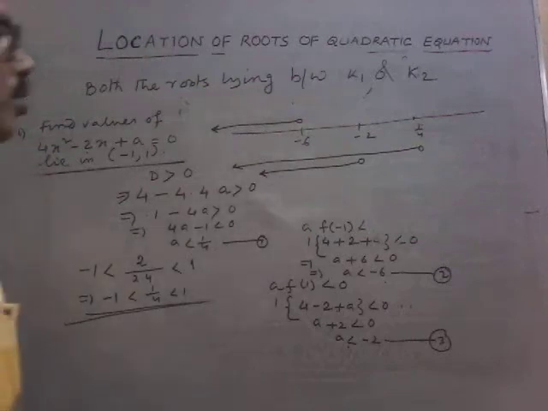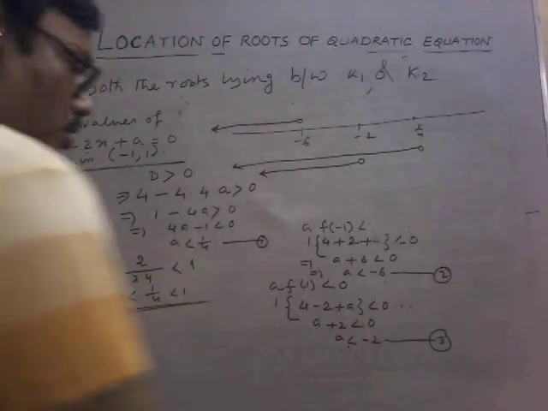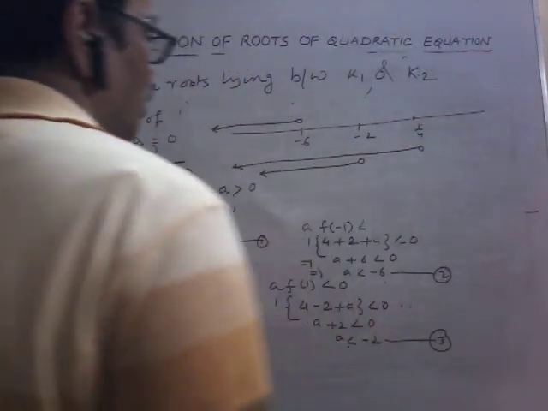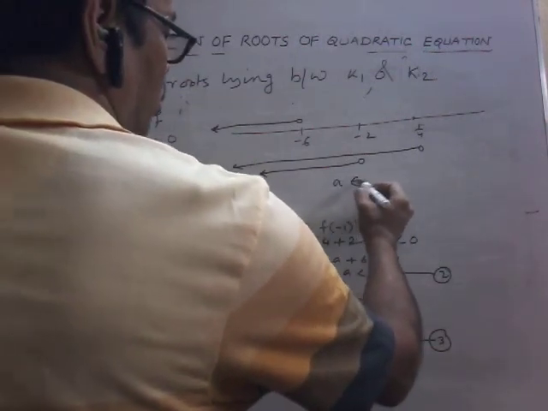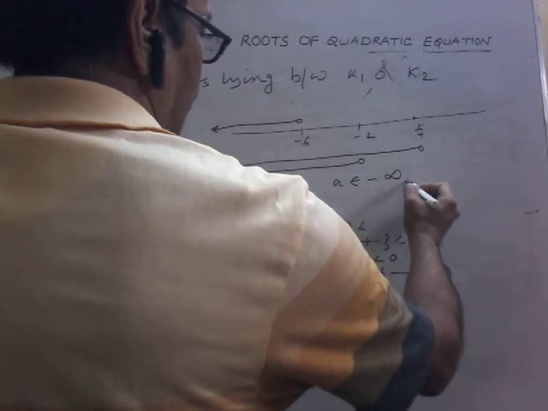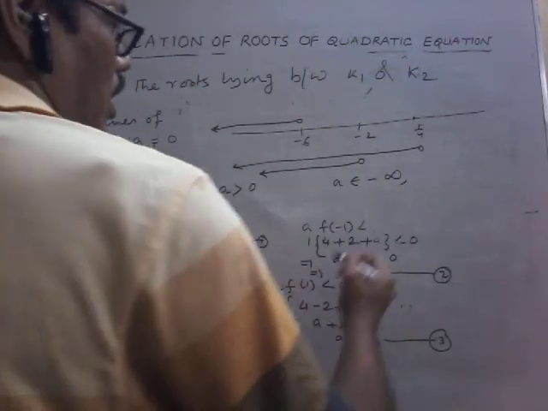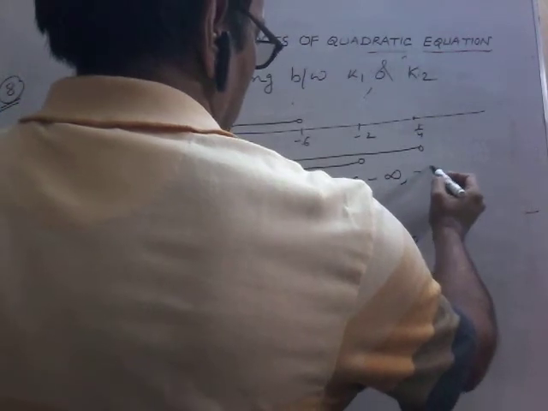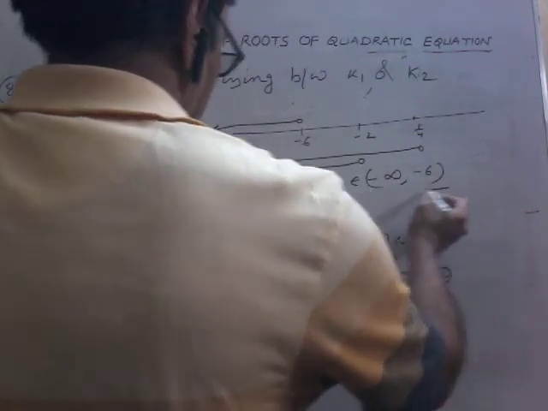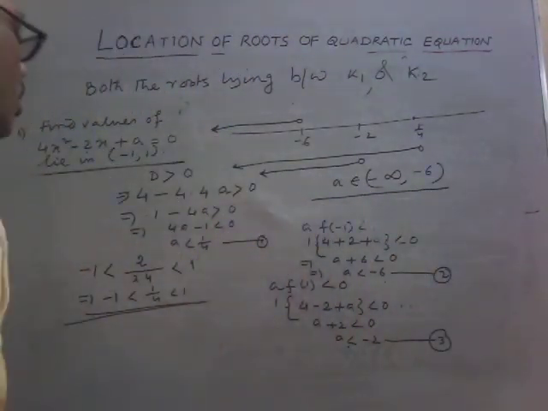So write the common condition. What is the common condition? The common condition is a belongs to minus infinity, comma, minus 6.